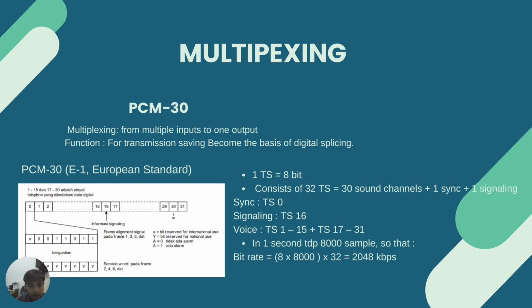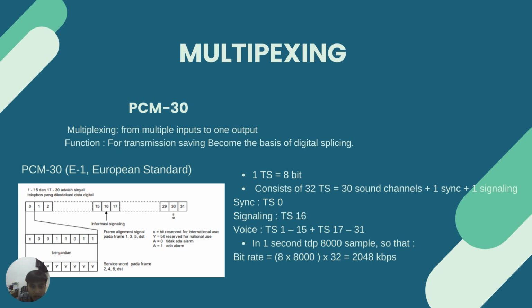So I will explain about the PCM30. PCM30 is the Euro standard, and it has 1 TS equal to 8 bits, and consists of 32 TS: 30 sound channels plus 1 sync and 1 signaling.